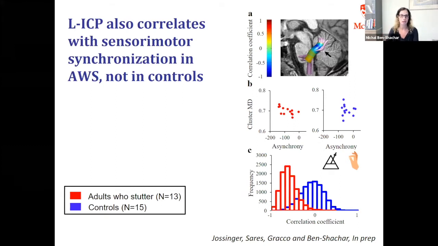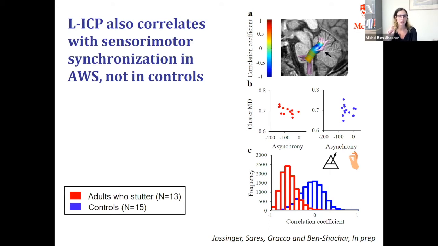This is a similar-flavored finding that I want to discuss in this regard, but this is a different experiment. In this data that we are working on in collaboration with Anastasia Sears and Vince Greco, Anastasia also collected data on a behavioral sensorimotor synchronization task.